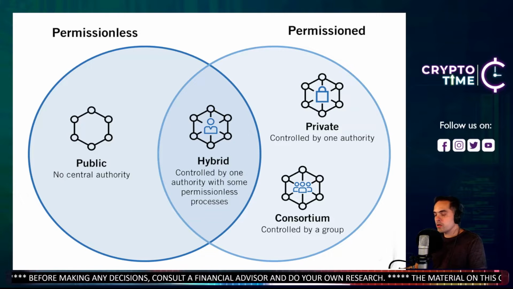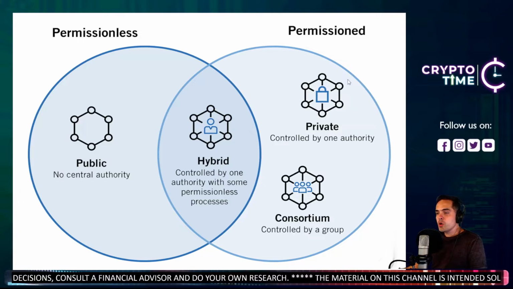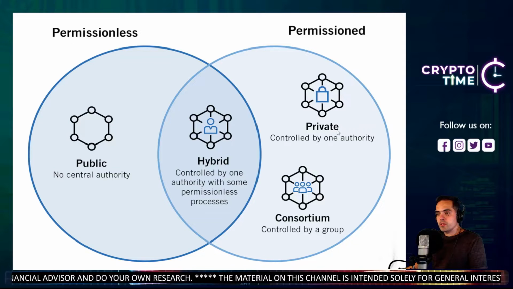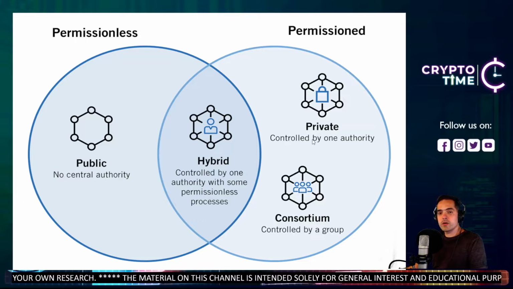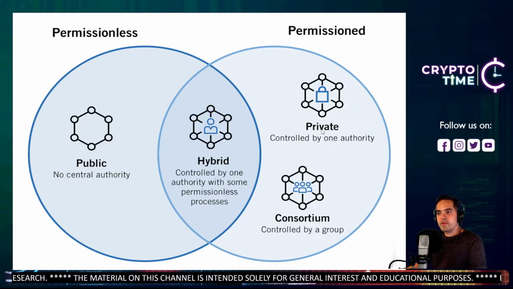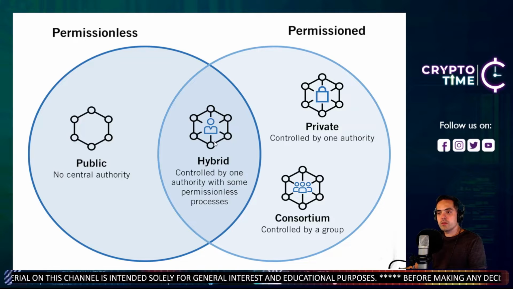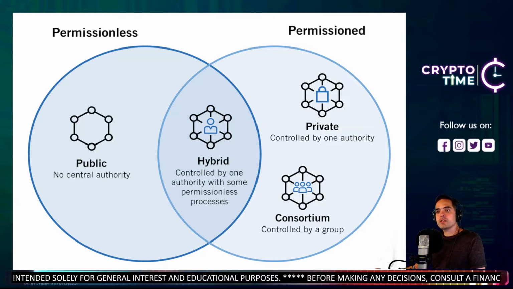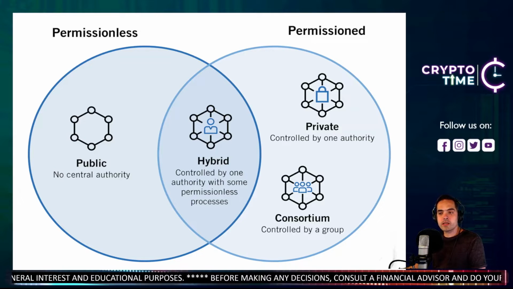On the other hand, we have the private blockchain first. As the name tells it all, it is controlled by one authority. And then we have a hybrid one, which shares some of the nodes: some parts of that blockchain you can have access to, and some parts you cannot.